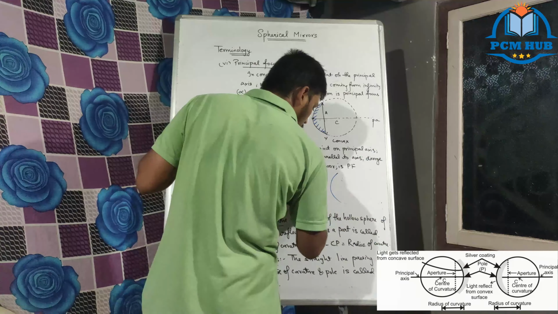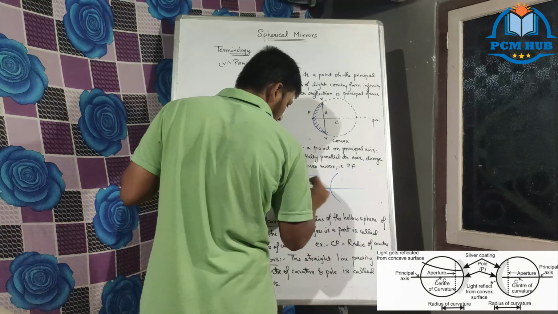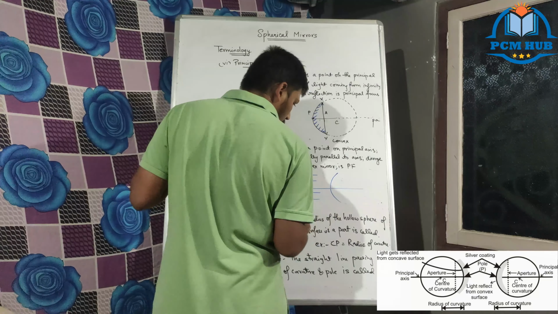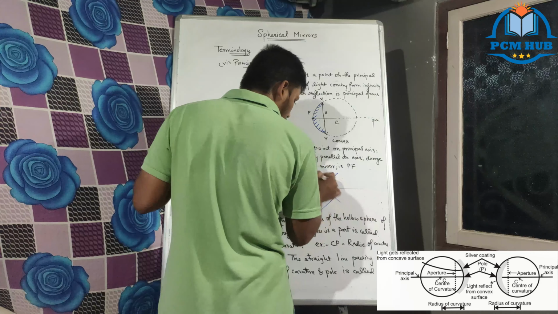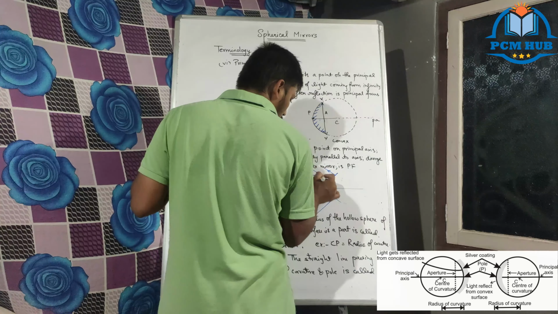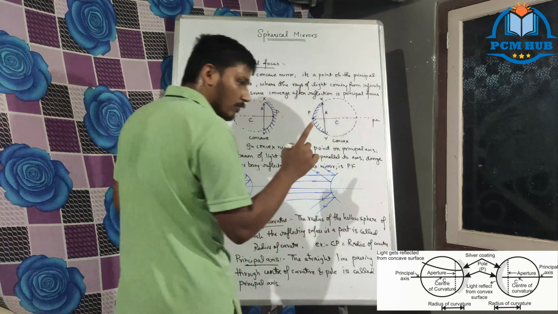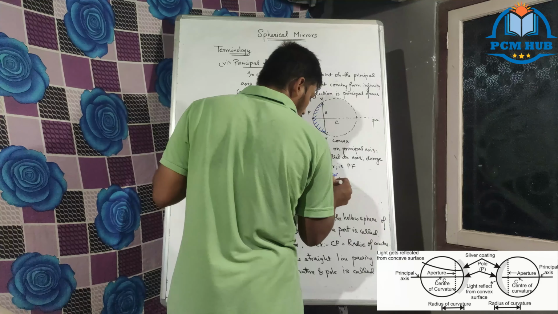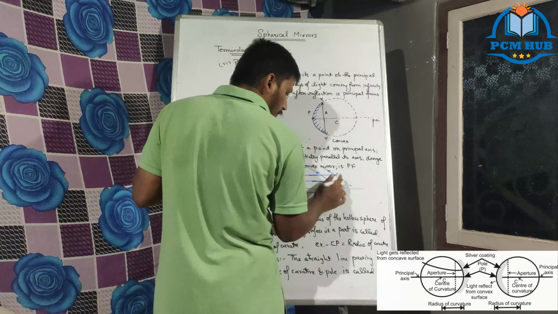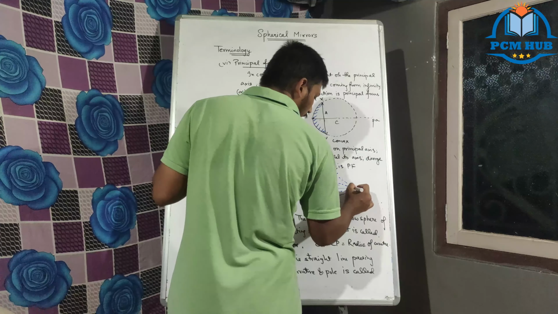Now what about convex? Same situation, coming from infinity. Now these rays are coming. They hit like this and get diverged. I told already, all the images that are formed are due to the reflected rays.